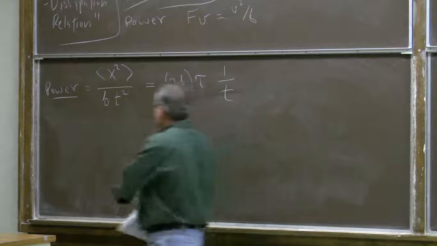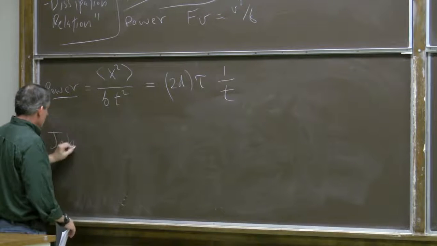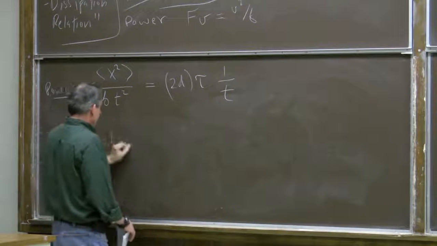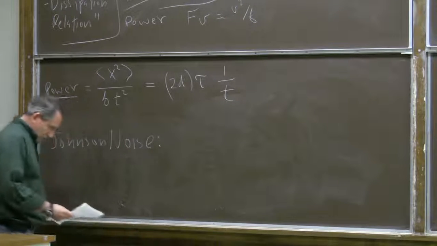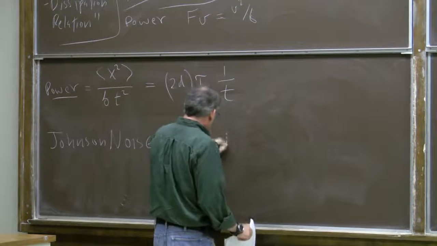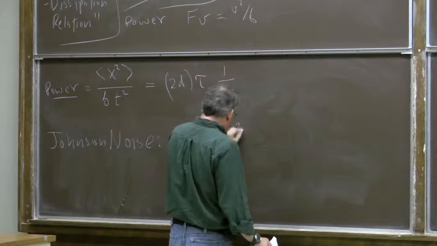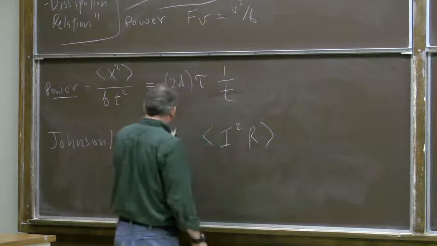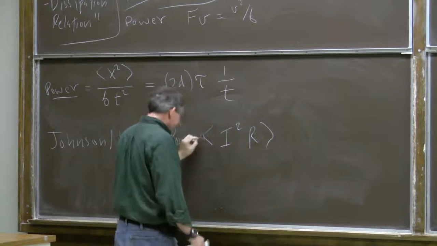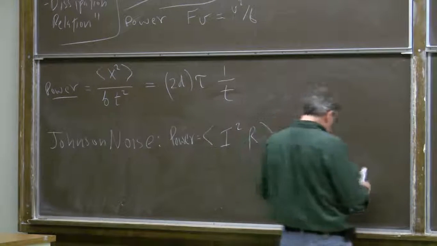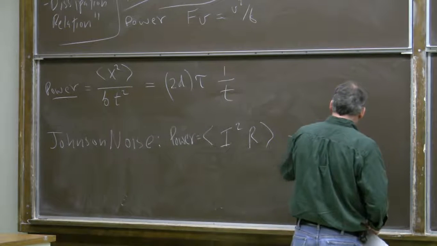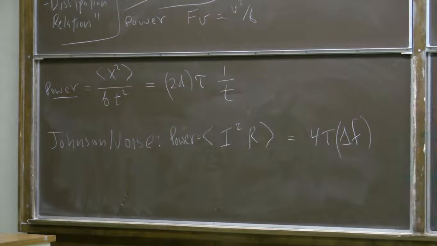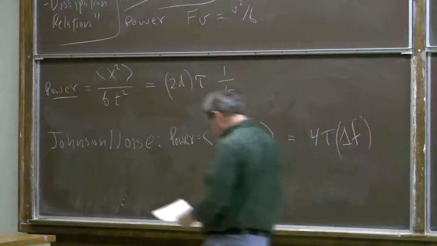So this is analogous to the case of Johnson noise, which according to Nyquist's formula, the power is I squared R, and that's 4 times the temperature times the frequency band in which we're watching the fluctuations of the current or the voltage. Okay, so like some characteristic time of observation for the fluctuating current.